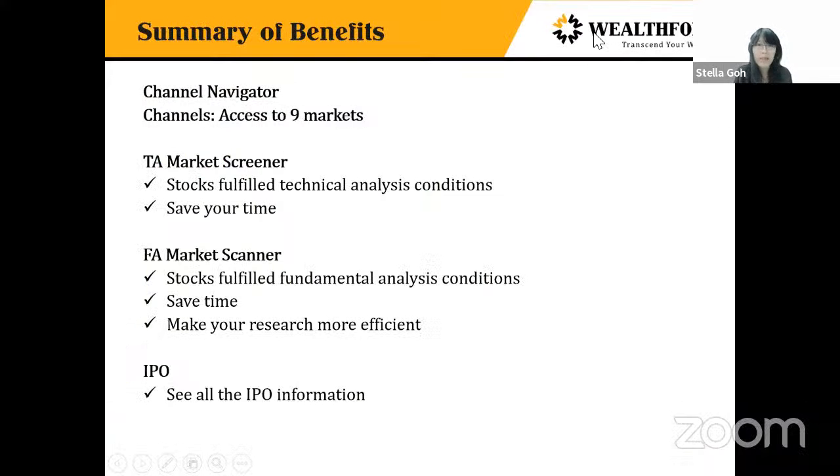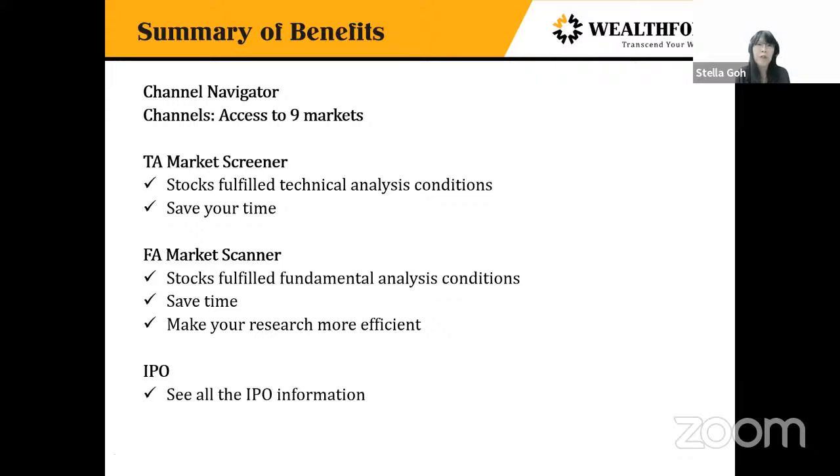So in summary, we can see that for the channel navigator, you can access the night market, and then TA market screener allows you to screen out all the stocks that fulfill technical analysis conditions. It can help you to save your time for doing analysis. And for the FA market scanner, you can see all the stocks already listed up for you.